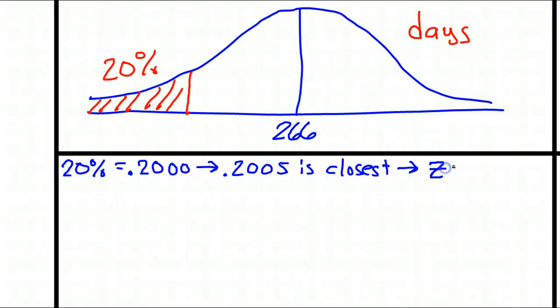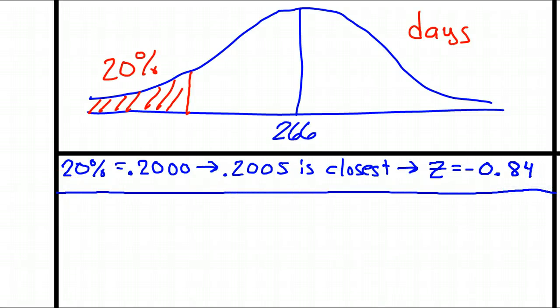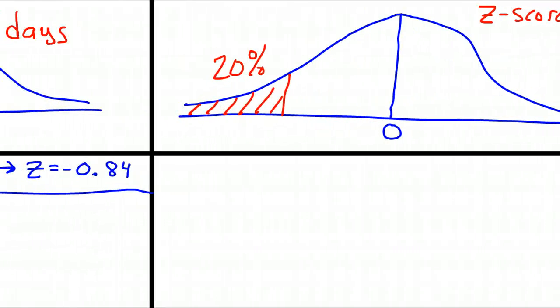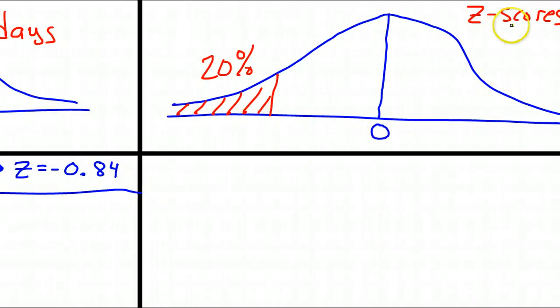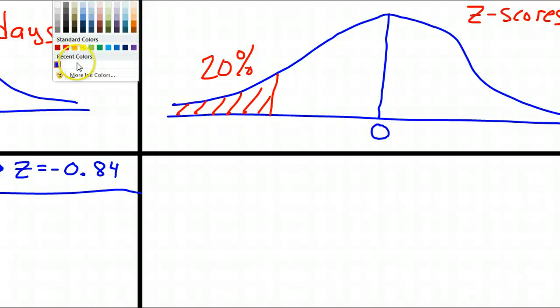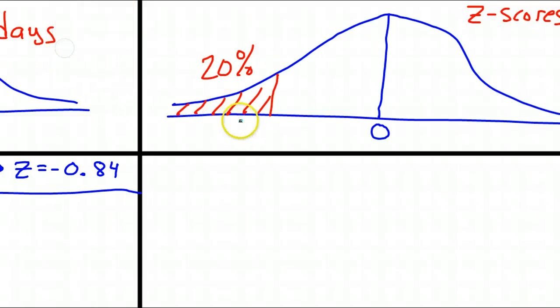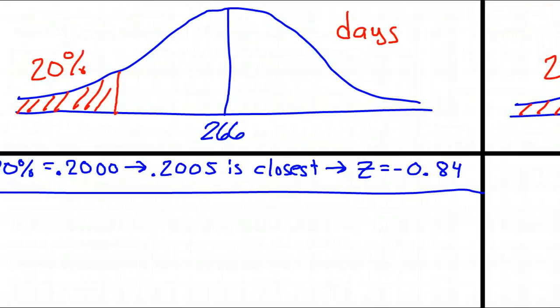So z is equal to negative 0.84. Okay, so we're halfway there. Since we have a z-score, let's go ahead and include that on our z-score distribution. Okay, so this is negative 0.84, which is not quite one standard deviation away, so probably shouldn't have put it that far over, but I'm not going to change it now.